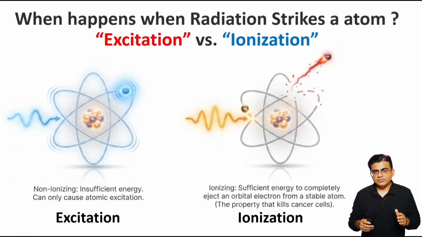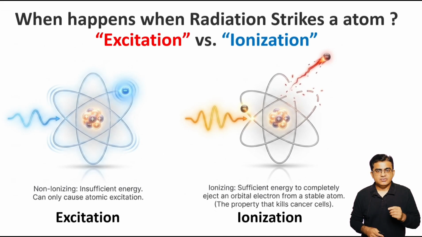Imagine a low energy photon colliding with a stable atom. It transfers its energy directly to an orbital electron. But here is the catch. This photon simply does not have enough energy or power to knock that electron completely out of its orbit.